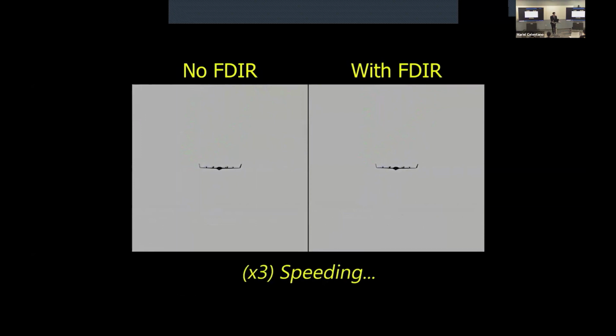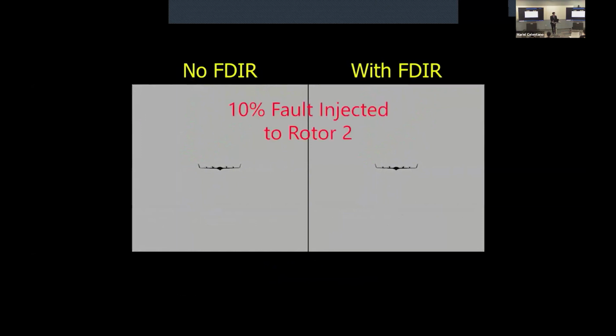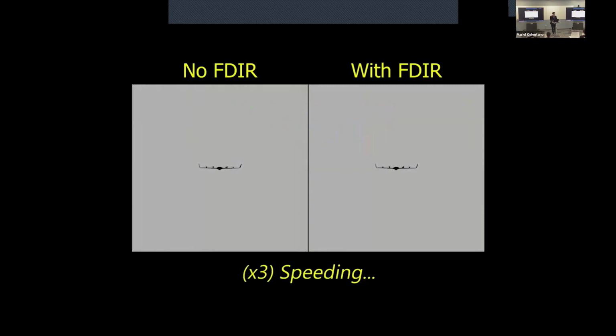When it takes off, the baseline buffer just keeps running, and the post-error buffer runs to monitor the flight safety. A 10% fault has been injected into rotor 2, and you can see both vehicles experience turbulence, and then both are masked by the ailerons. Now there's no difference between the two vehicles.